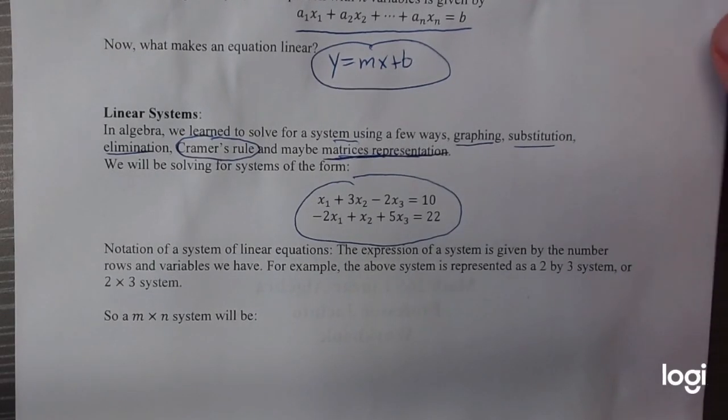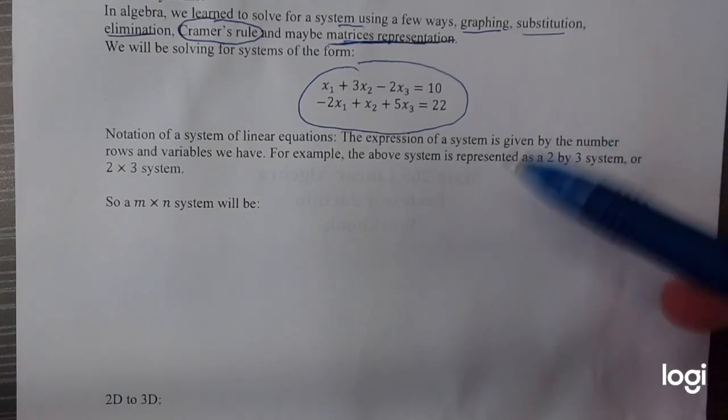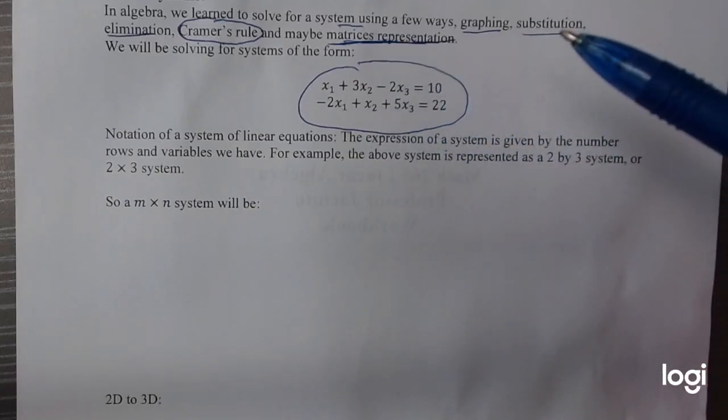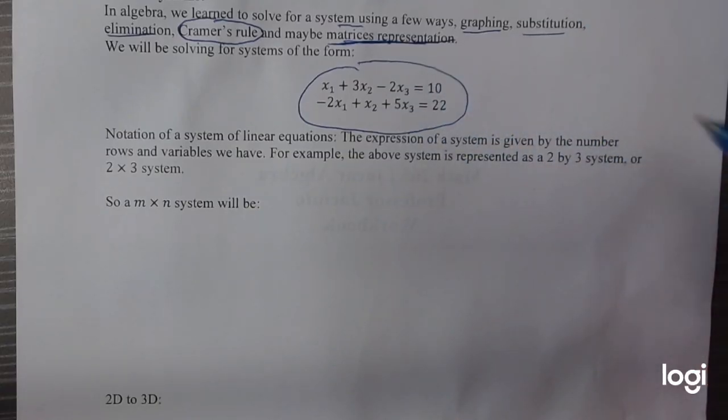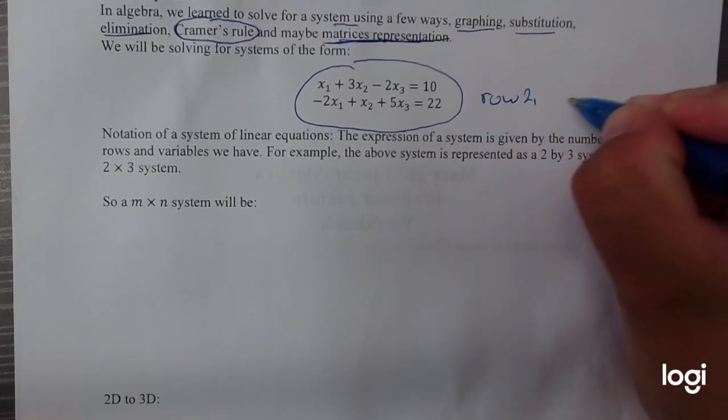The first step is showing how many rows and columns we're actually going to have. The number of rows and columns depends on the number of variables and the number of equations we have. So, for example, the above portion is called a 2 by 3 system. The reason it's called a 2 by 3 system is because it has 2 rows and 3 columns.